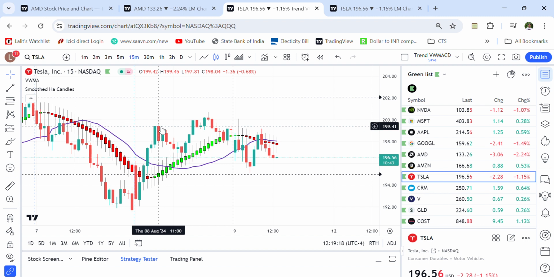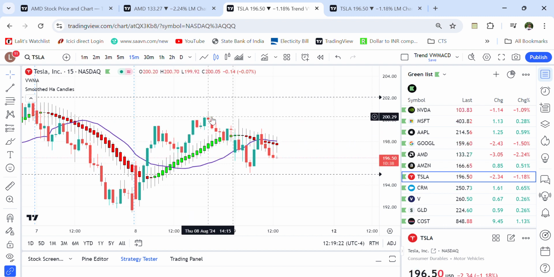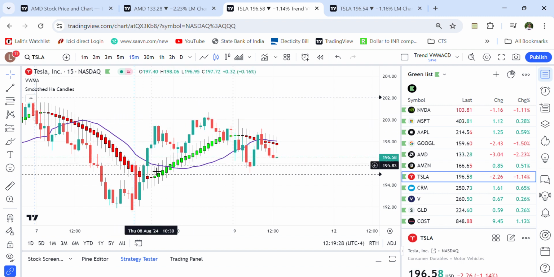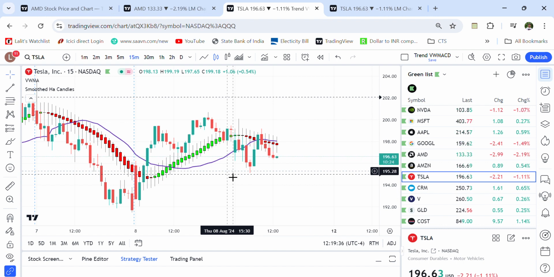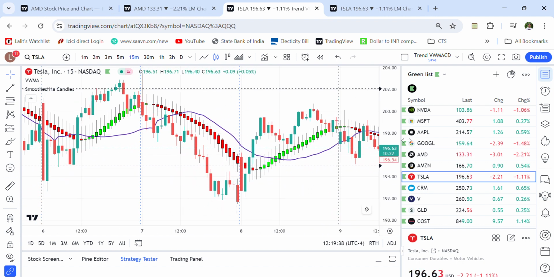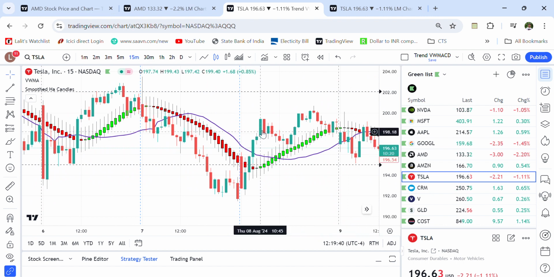You entered at 199.4, but it came down and it went up high till 201. So you didn't get a target, and it hit your stop loss, so that's fine. Taking a stop loss is a good habit. Sometimes it will come. There is no strategy in the world that is fully stop free. Sometimes your stop loss will hit. If you take that stop loss, it's fine.